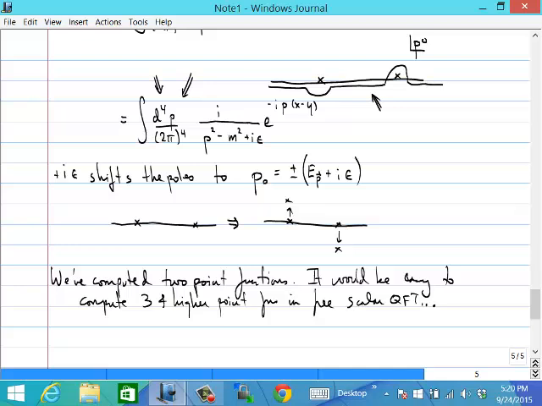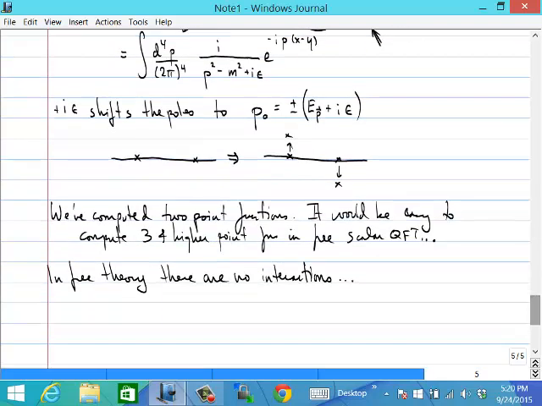But the point is that in a free scalar field theory, there are no interactions. And so nothing really happens. All of the higher observables, these higher order correlation functions, are completely determined, and they're relatively straightforward to write down.